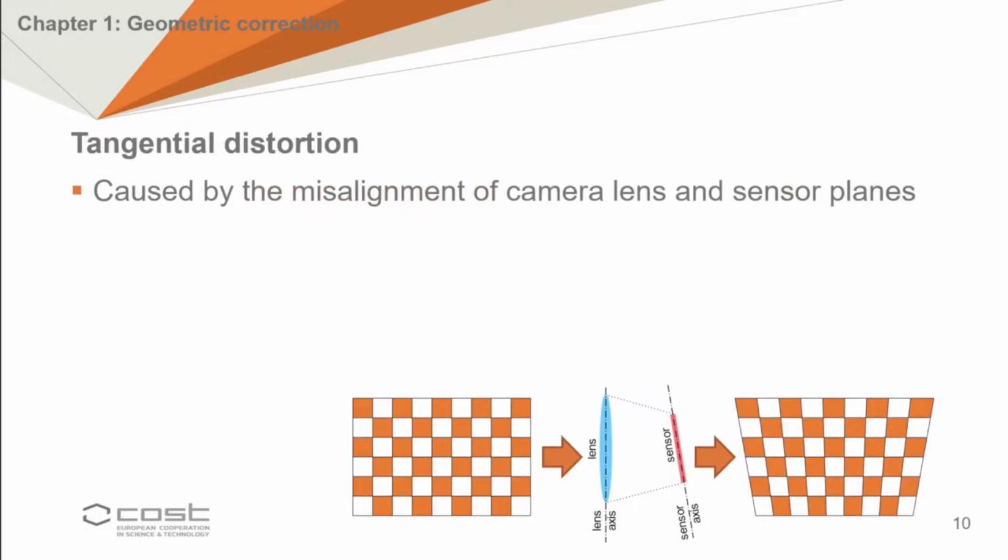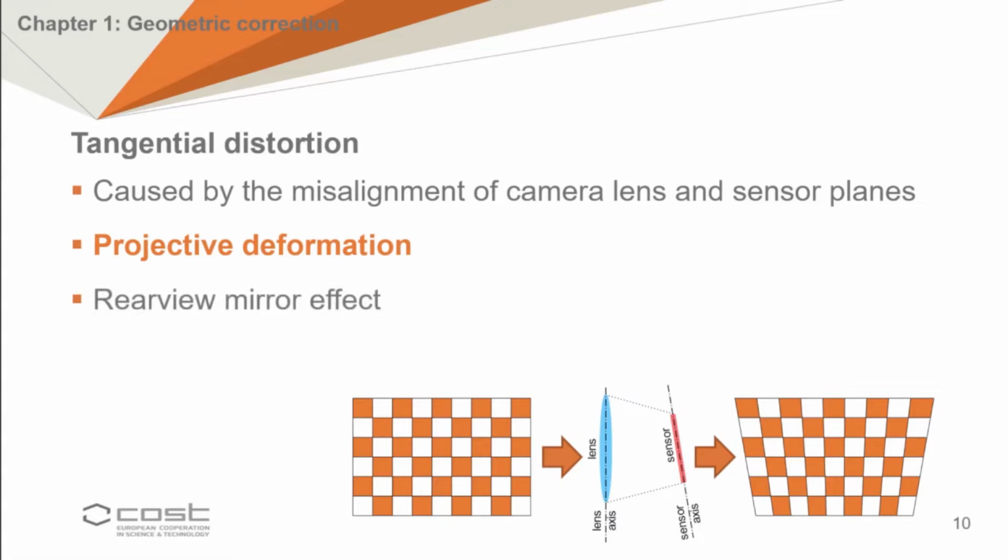Tangential distortion is a somewhat simpler effect which appears when the lens and the camera sensor planes are not parallel to each other. This in turn leads to a so-called projective type deformation, and some image areas will appear bigger than they actually are in relation to other image areas. Most of us have probably seen these effects in action in our car rearview mirrors, which basically act like reflector lenses.